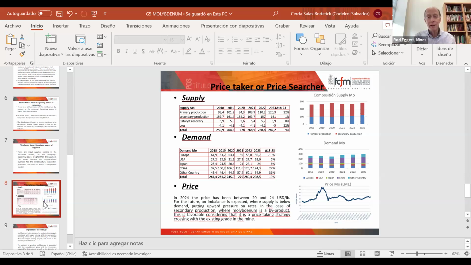And so, as you correctly have identified, understanding molybdenum markets and molybdenum availability depends also on understanding what's happening with copper.